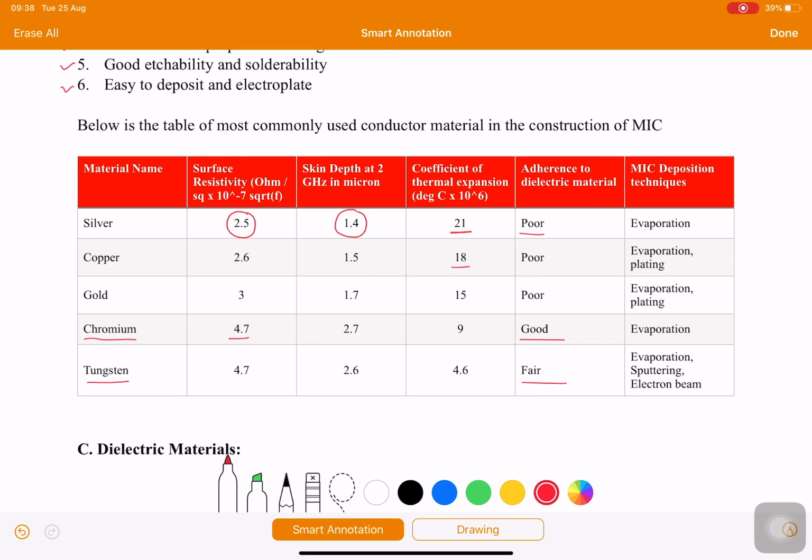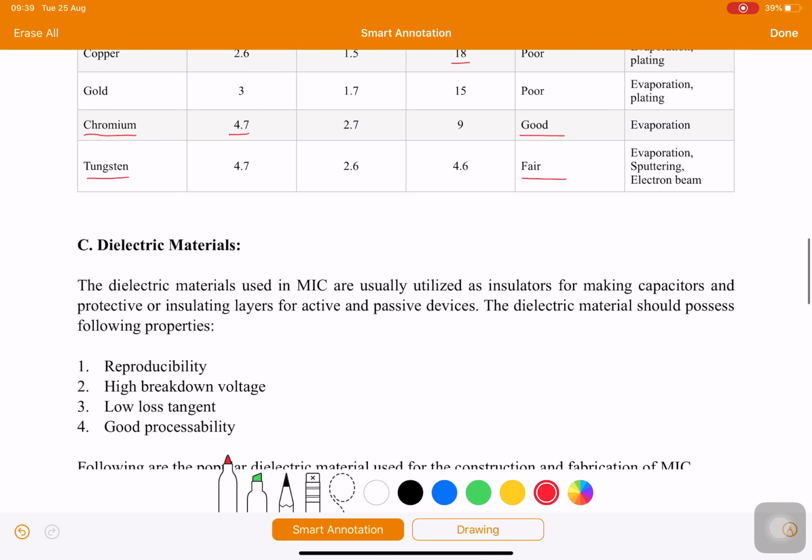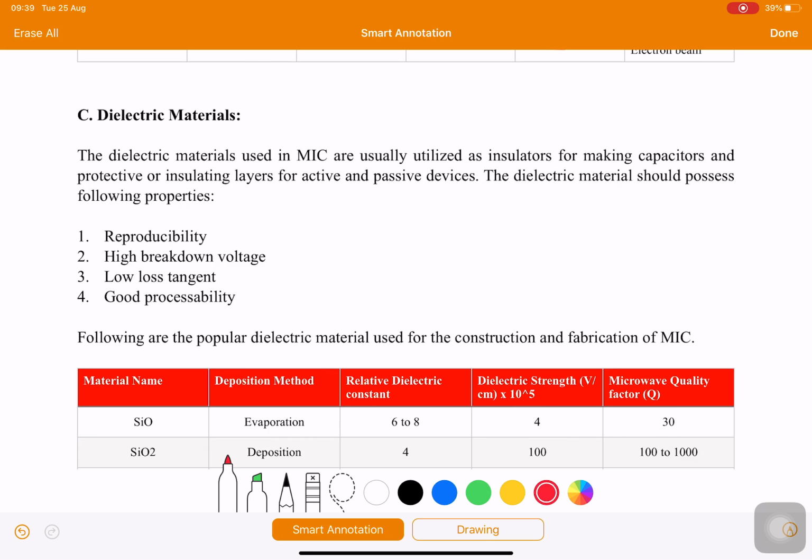Okay, so let us go ahead with the third type of material which we commonly use in the construction of microwave integrated circuits, and that is dielectric materials. The dielectric materials used in the microwave integrated circuit are utilized as insulators. So please remember, this is a very important sentence.